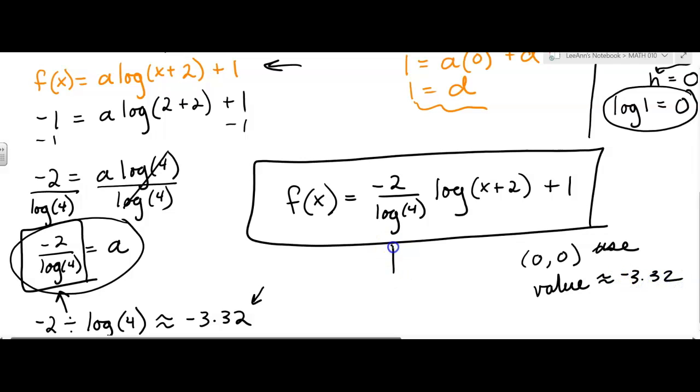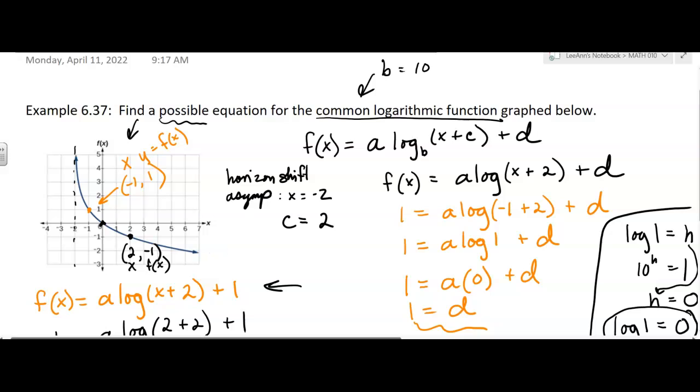Oh, the other thing I was going to mention, we are expecting a negative value for a because it's reflected about the x-axis. This is in the picture, I'll scroll up. In the picture, this was a decreasing function, right? Decreasing. So we were expecting the value of a to be less than 0, and it is. Okay, so there you go.